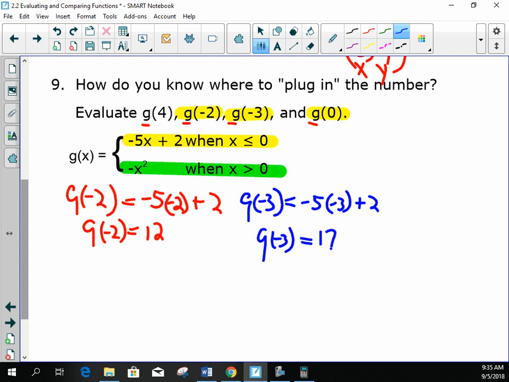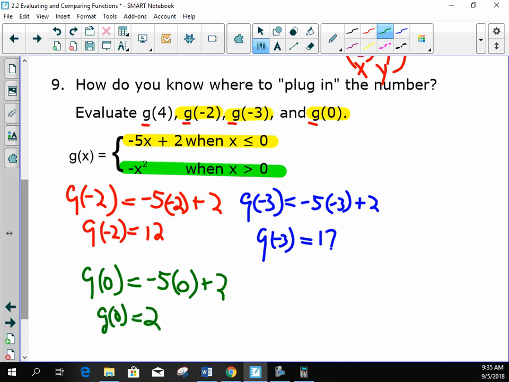Writing them down does you no good. And then I have to do g of 0. G of 0 equals -5 times 0 plus 2. What does g of 0 equal? 2.